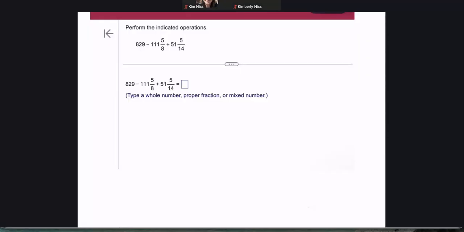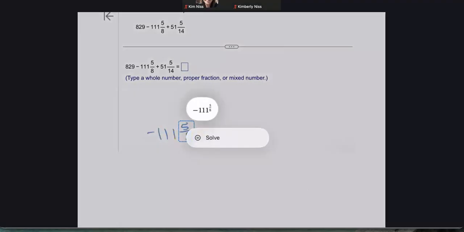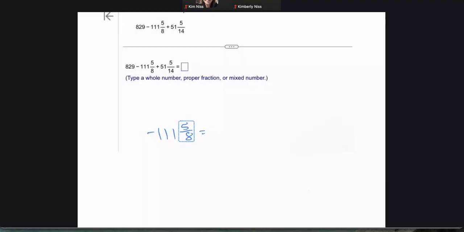So what you're going to start by doing is turning your mixed numbers into improper fractions. So we're going to take the negative 111 and 5/8, and turn that into an improper fraction. To do that, you just take the whole number, multiply it by the denominator, and add the numerator.